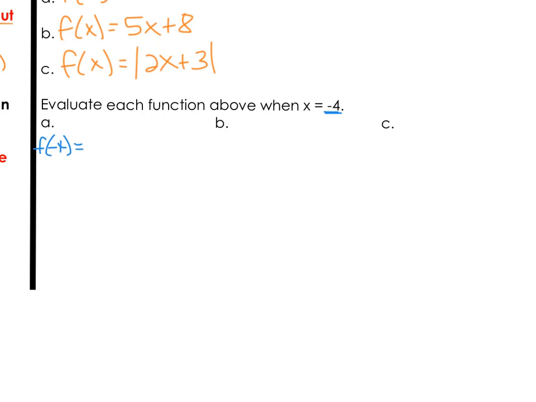Now, this example is the trickiest of all three of them, but I put it first because we're just going to get it over with. Negative x squared. Remember, anytime that negative is out in front, we evaluate that separately, thinking order of operations. Negative x squared, well, if x is -4, it's -4 squared. And then minus 2x, so minus 2 times -4 plus 7.